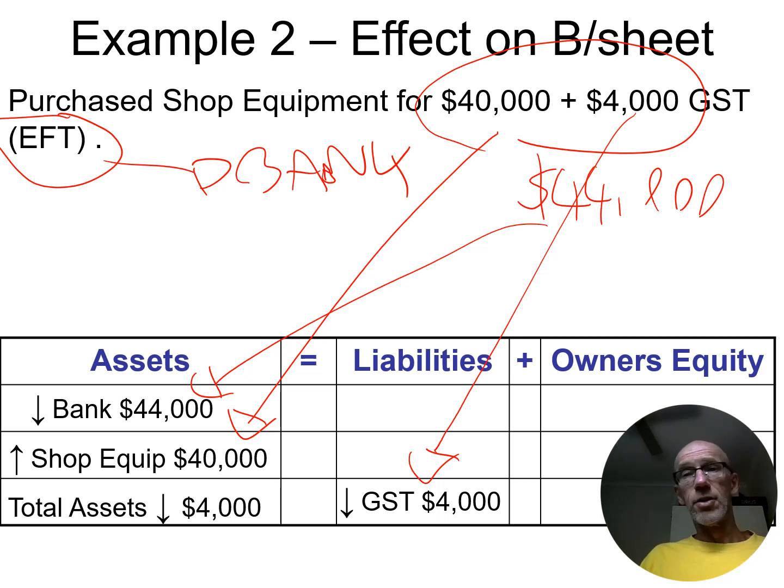There's no effect on owner's equity because none of this transaction has impacted our residual interest on the assets of the business. So again, in terms of the effect on our balance sheets, we've got both sides decreasing by 4,000. Our accounting equation still equals A equals L plus OE.